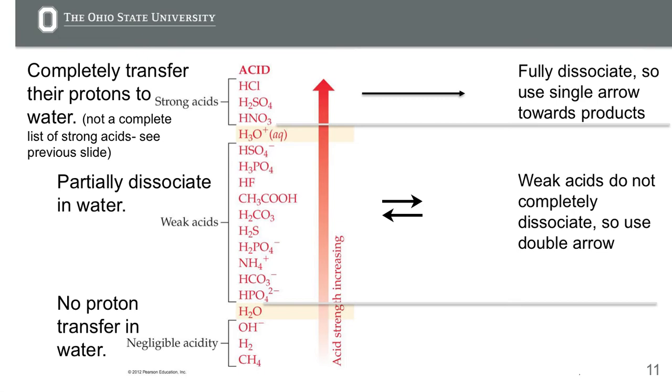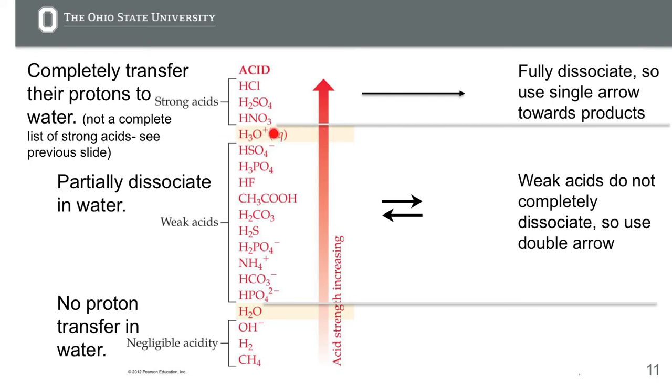So if we look at the relative strength of the acids, this table is showing our strong acids. They're not all listed, but many of them are there. And you'll see that right after the list of strong acids, H3O+ is listed.